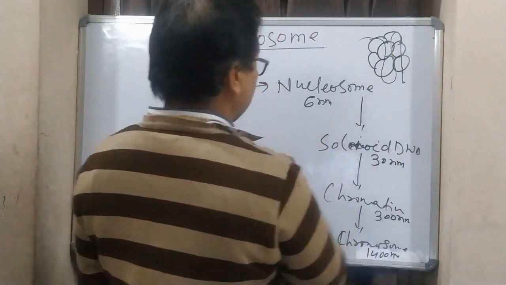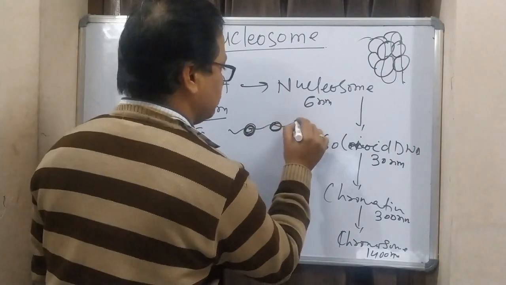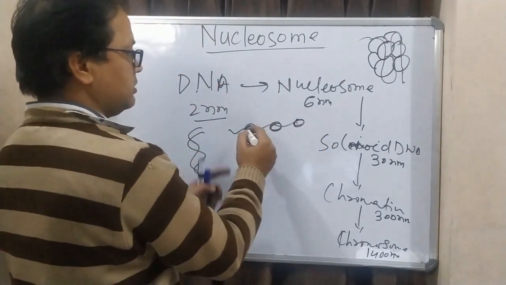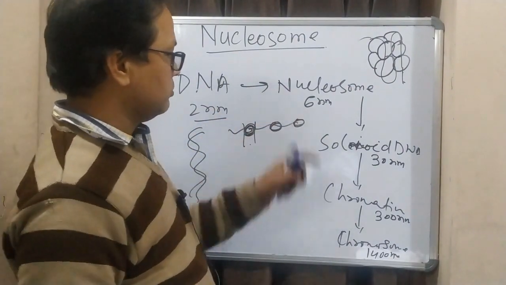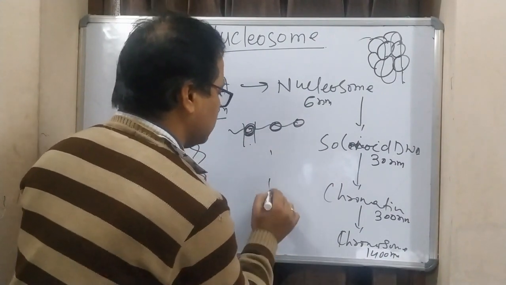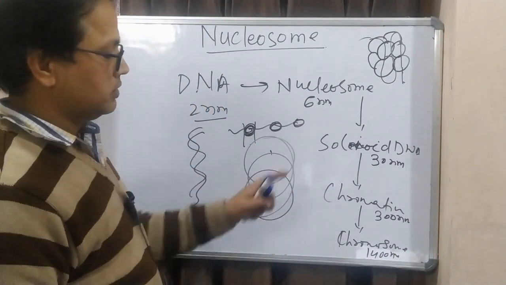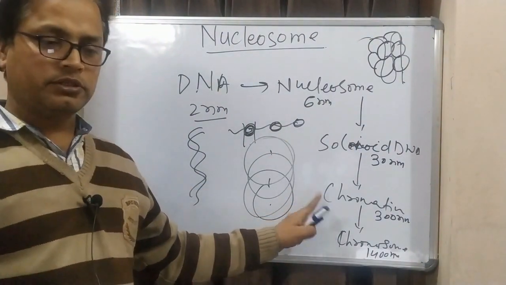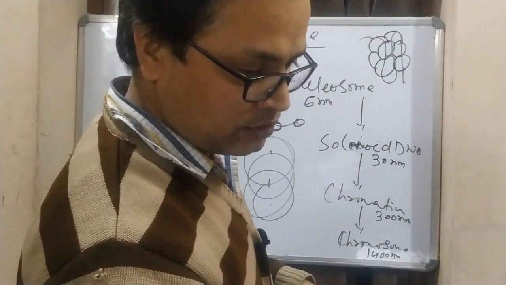This is a structure where we have nucleosomes, a bead-like structure, whose diameter from here to here is 6 nanometer. These nucleosomes are arranged around a hypothetical axis. This is the solenoid structure. The solenoid structure gives us a chromatin structure, and chromatin gives us a chromosome. So that is the sequential event.